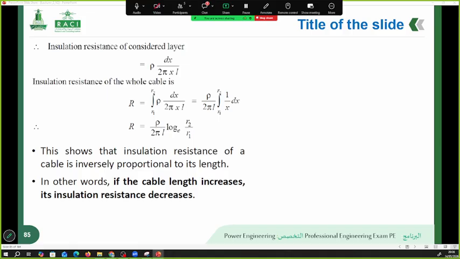Therefore, the resistance of the elemental layer is expressed as dR equals rho dx over 2πxL. So to find the total insulation resistance of the entire cable, we must integrate this expression from the inner radius R1 of the conductor to the outer radius R2 of the insulation.